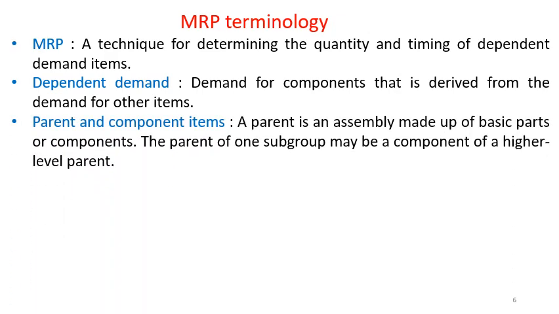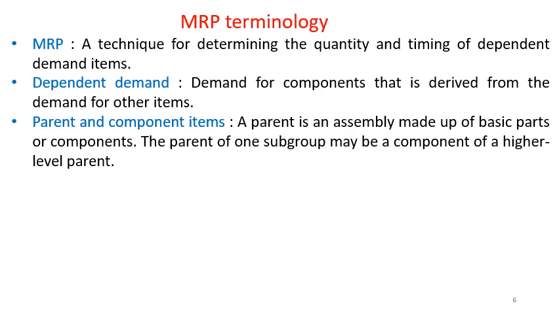Next, parent and component items. A parent is an assembly made up of basic parts or components. The parent of one subgroup may be a component of a higher level parent. So every final assembled component or product is a parent because it is an assembly made of basic parts or components.